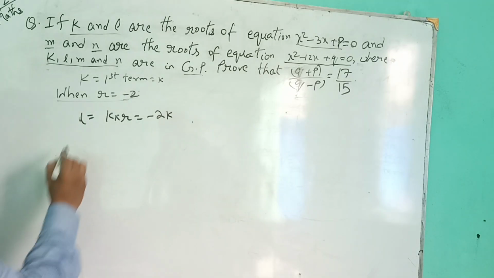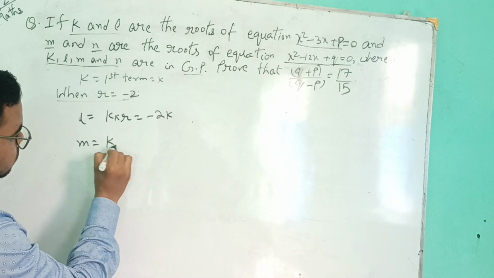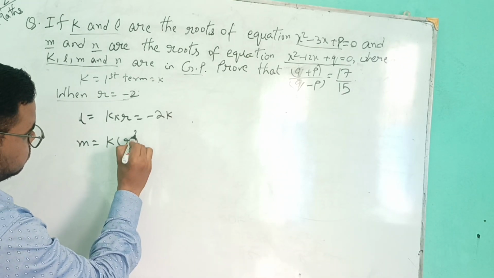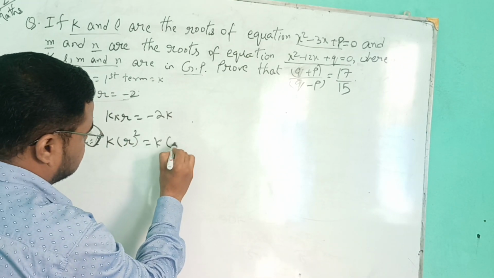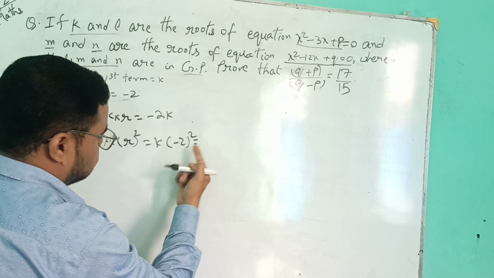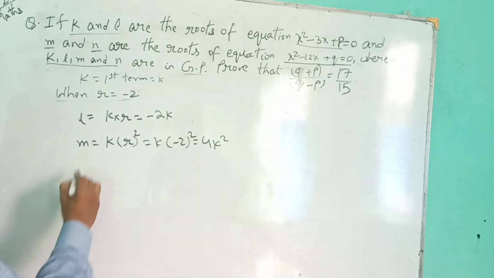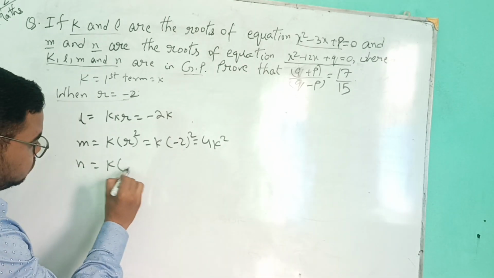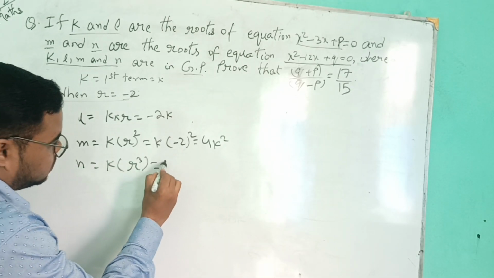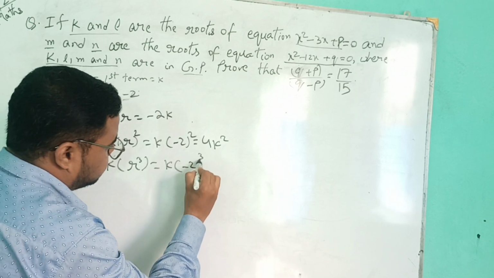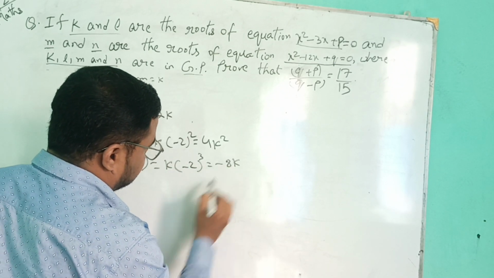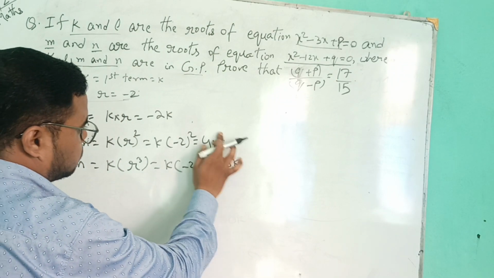Now m, the third term, is k into r square, k into minus 2 square, minus 2 into minus 2 equal to 4k. And n will be k into r cube, k into minus 2 cube, equal to minus 8k.